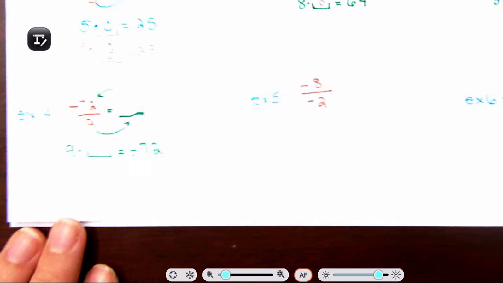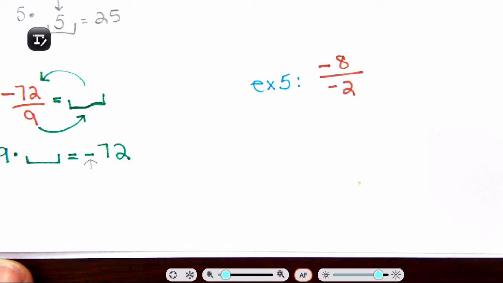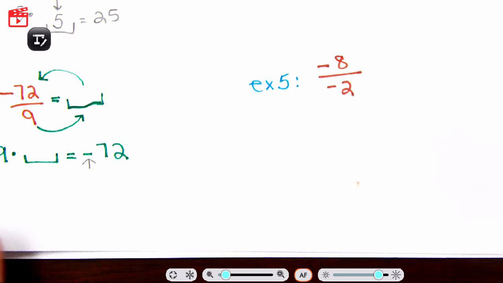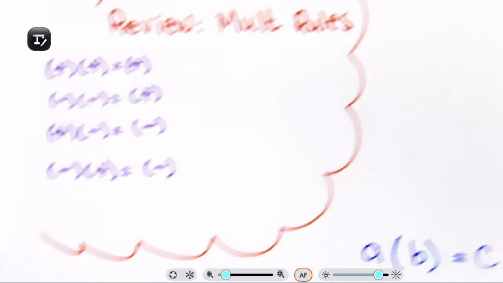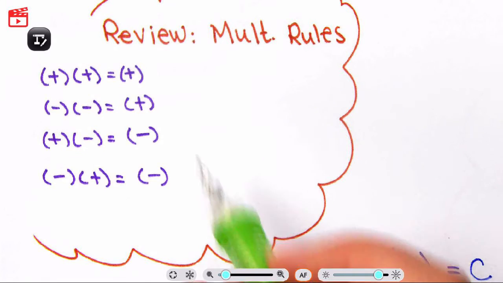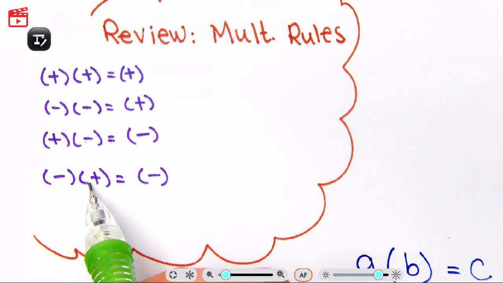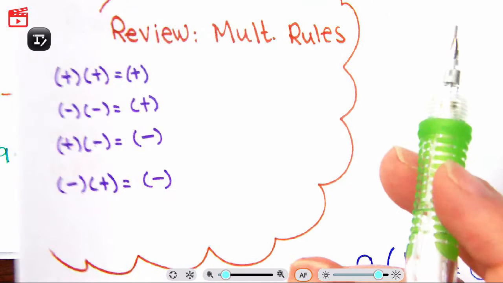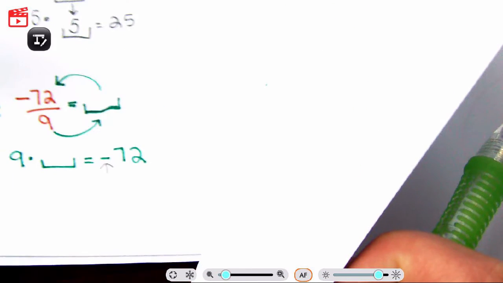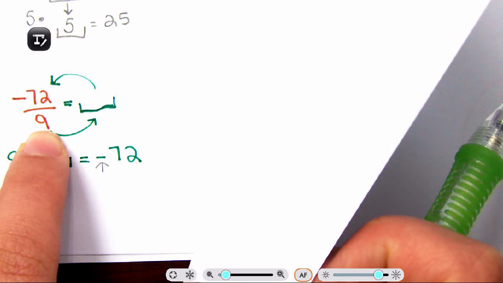If I have a negative answer, that means are my signs different or the same? Well, let's see here. There it is. If my signs are different, my answer is negative. So that means my signs are different. Now I'm looking at my original 9 that's in the denominator.